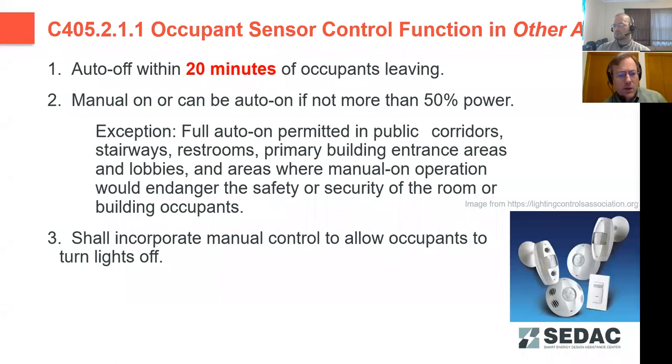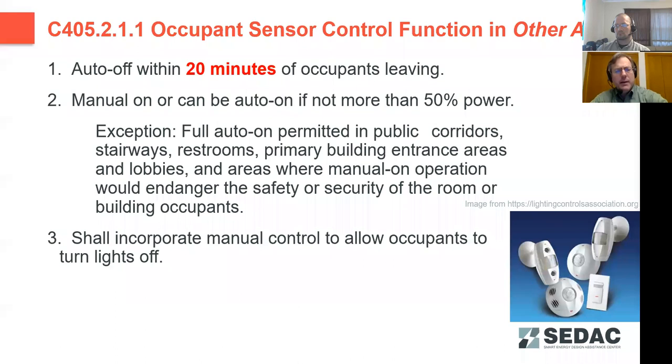Now, this exception does allow for the auto on to be full 100% power for public corridors, stairways, restrooms, and private or primary building entrances and lobbies. And also noting here, other areas where the manual on operation could endanger the safety or security of the room.